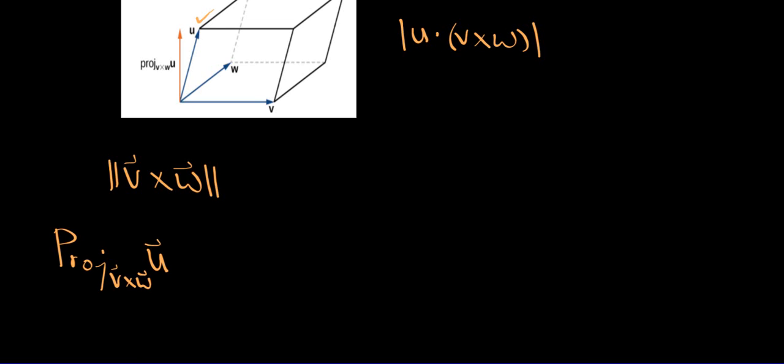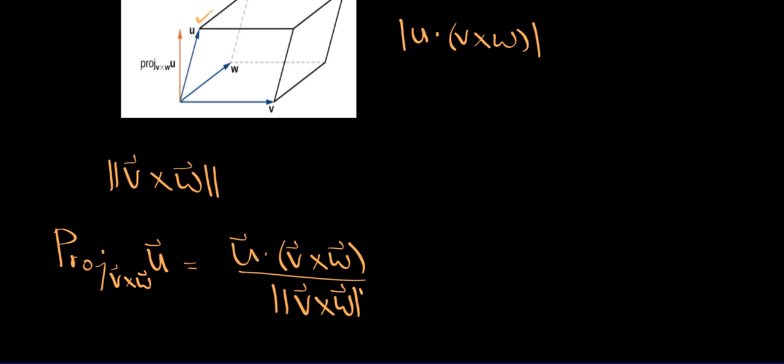Do y'all remember how to do that projection? It's U dot V cross W, divided by the magnitude of V cross W squared, times V cross W. Isn't that the projection?